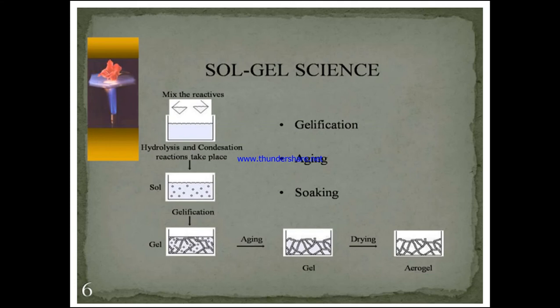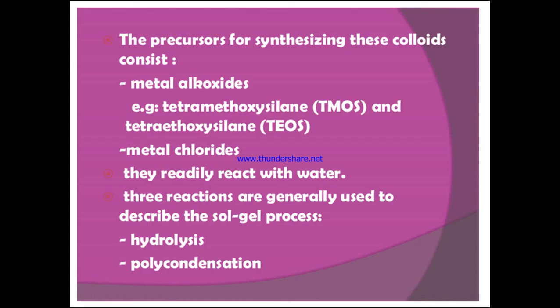So this is the process of the sol-gel method, or wet chemical synthesis of nanomaterials. In this we come across some reactions. We have seen gelation, aging, soaking. These are all the processes which I have explained. Here I have told you that metal alkoxides are used, that is tetramethoxysilane and tetraethoxysilane, as well as metal chlorides.